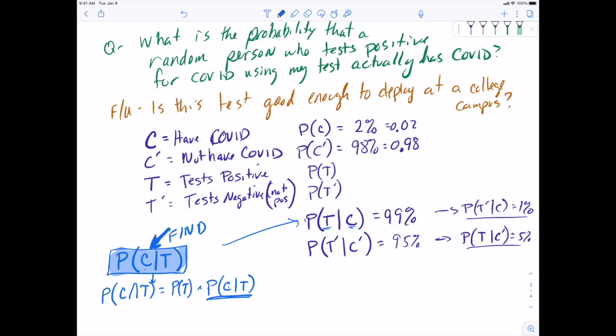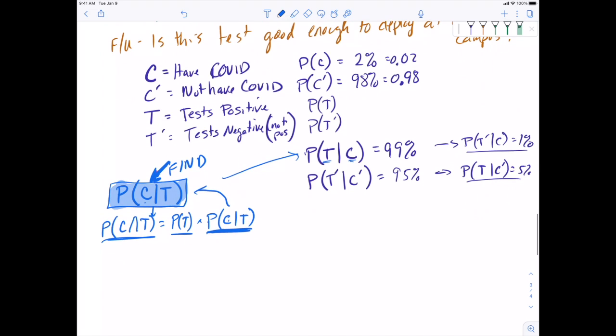So that's the formula that we can use to find this. To find that, we have to now find P of T and the P of C intersect T, which we can find because we can use this formula here to start to make sense and get more data.